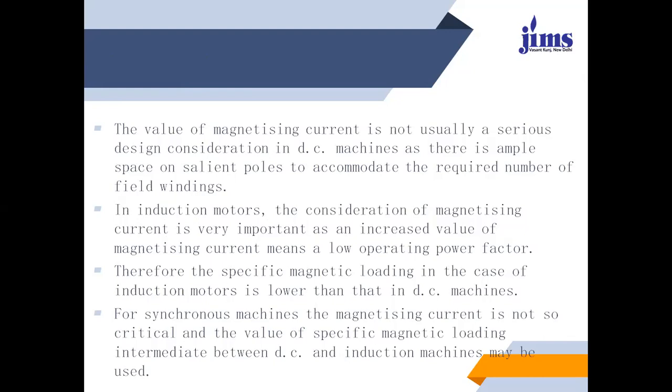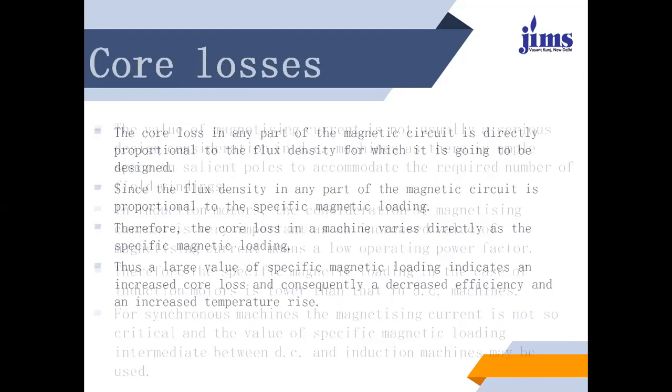Therefore, the specific magnetic loading in the case of induction motors is lower than that in DC machines. For synchronous machines, the magnetizing current is not so critical, and a value of specific magnetic loading intermediate between DC and induction machines may be used.